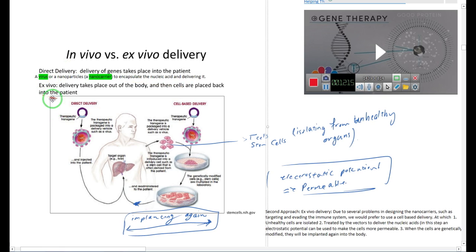The second strategy to deliver the DNAs and RNAs or nucleic acids into the body is the ex vivo.